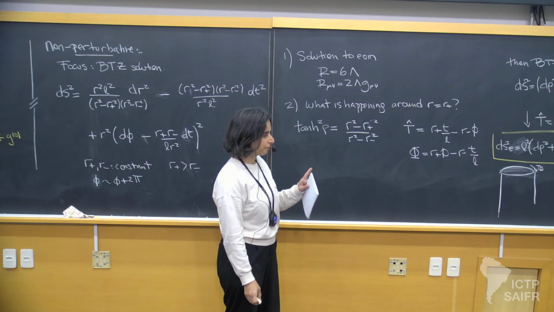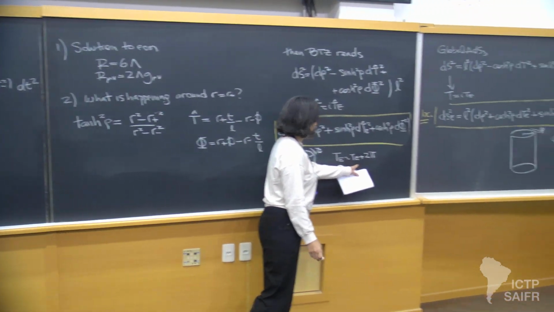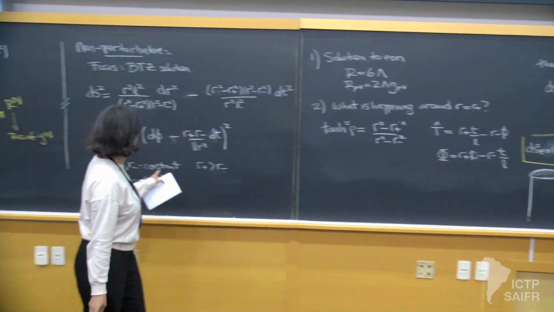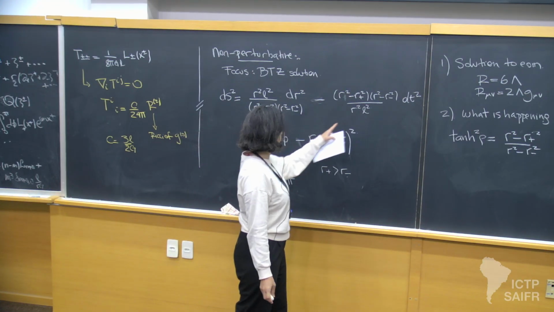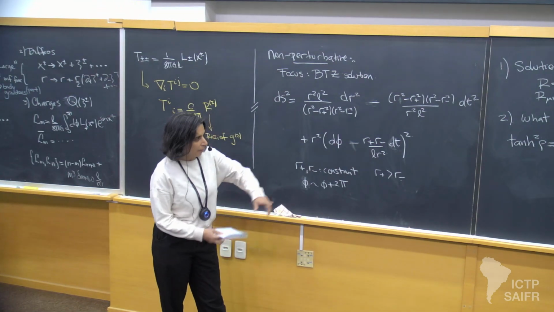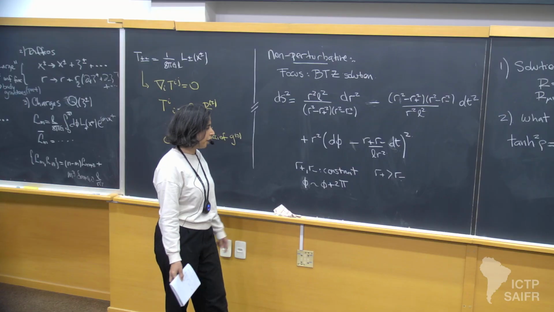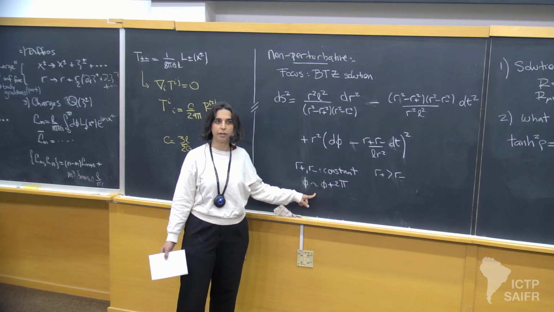Now, in this case, we came from this solution, right? So we came from the solution that had r, t, and phi. And demanding that the Euclidean time is periodic is clearly not the same as saying that this angle phi is periodic.